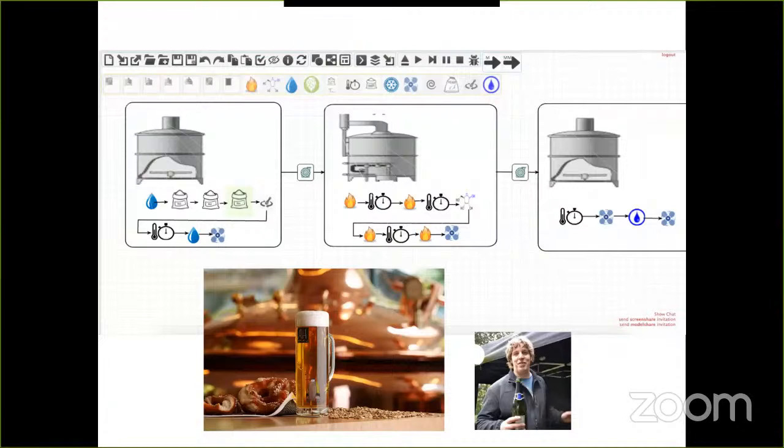This is an example of a modeling tool, and in that modeling tool there is a model of the production process of beer. This was built by my former student and now colleague Joachim de Nil, who is a beer expert and who brews his own beer, and he actually built a model of the different stages. Of course, this is at a high level of abstraction.